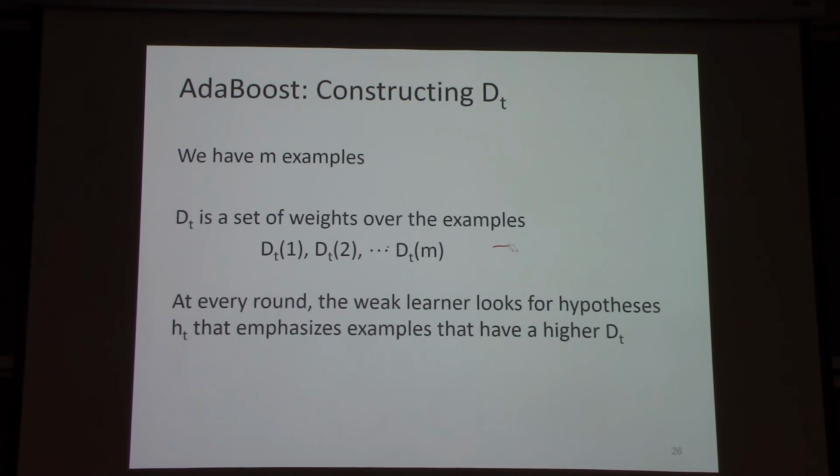At every round, to remind you, the job of this is to specify how much the weak learning algorithm should emphasize errors on each training example. If an example has a higher D_t, then it should be emphasized more. If an example has a low value of D_t, then it's okay if the classifier makes a mistake on that.